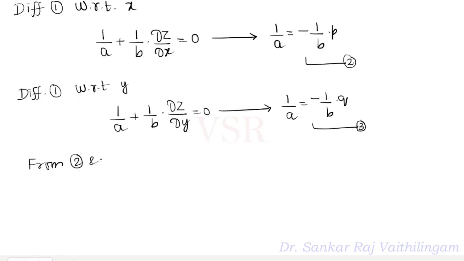From 2 and 3, we have minus 1 by b times p equal to minus 1 by b times q.